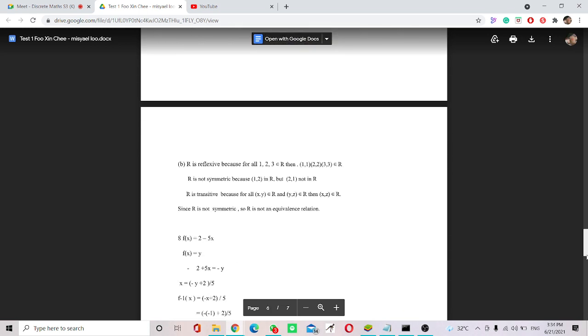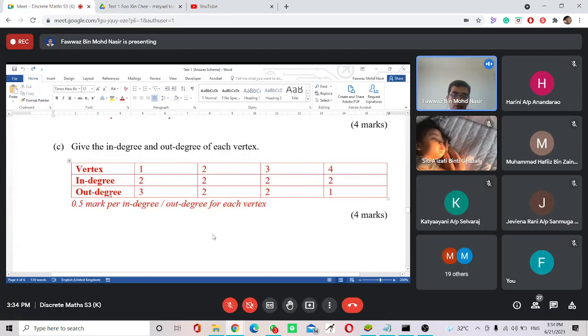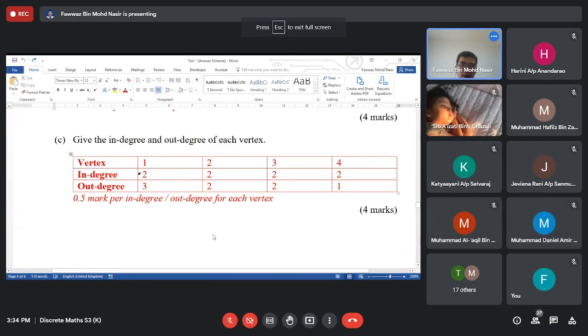Okay, so a quick way to verify that the numbers of in degree and out degree are correct is you just sum up all the in degrees of all the vertices in the diagram. In this case, if we sum up we get 8 in degrees. Then we sum up the out degrees too: 3 plus 2 plus 2 plus 1, we get 8.